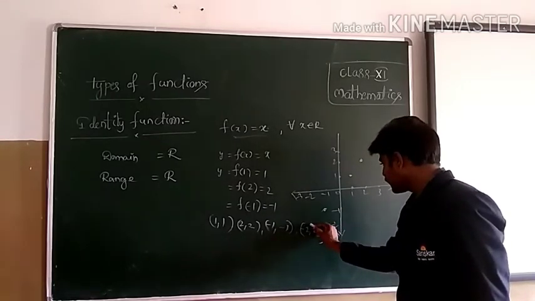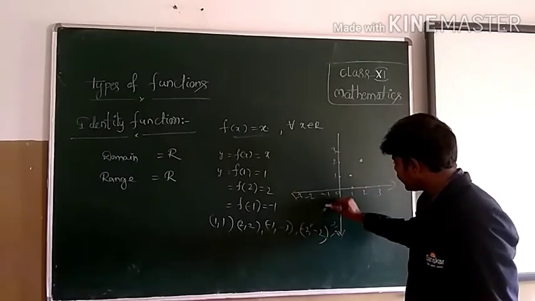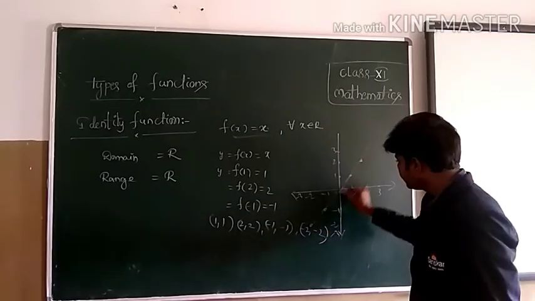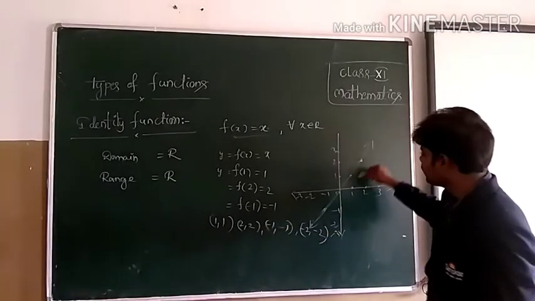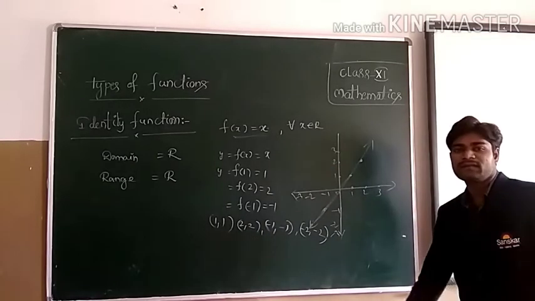If we join all these points, we get one straight line. This is the graph of the identity function.